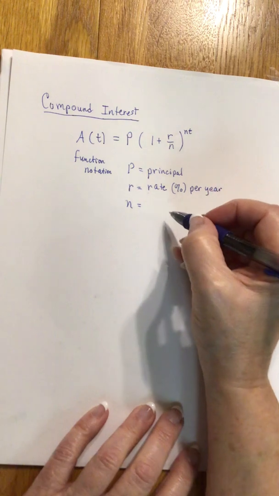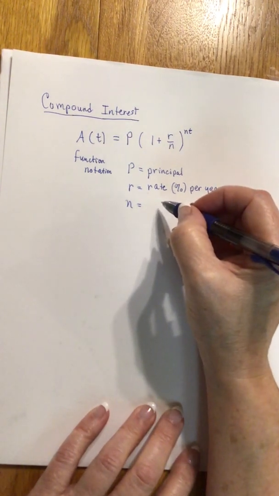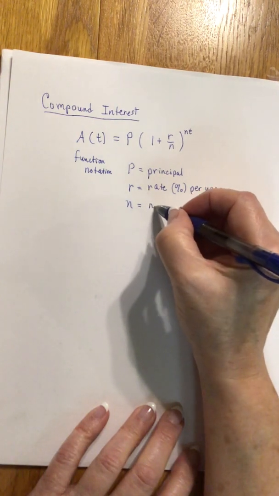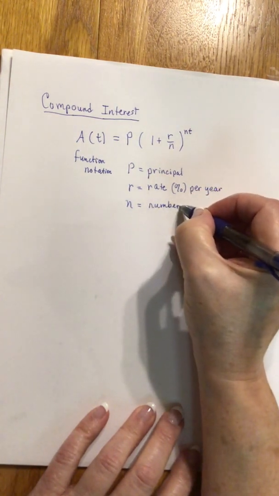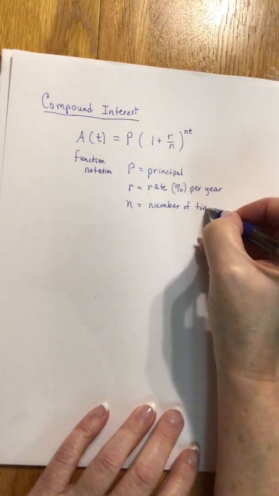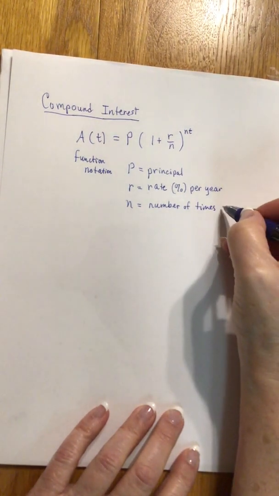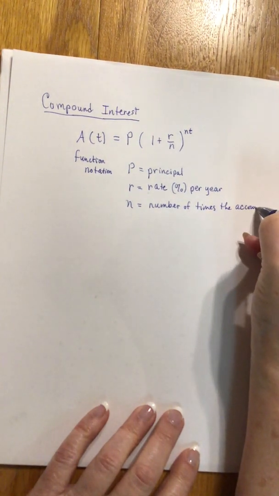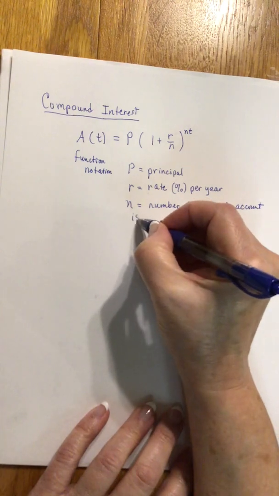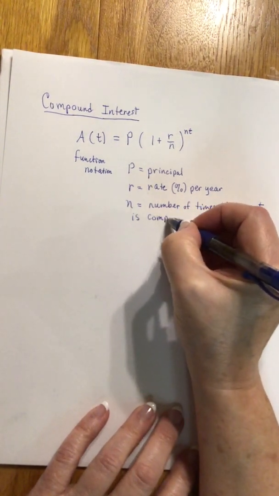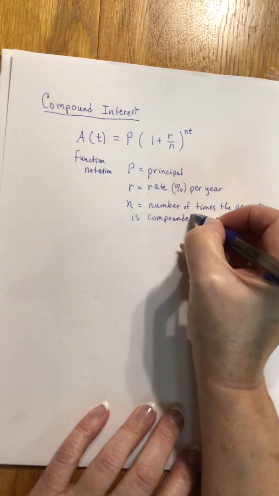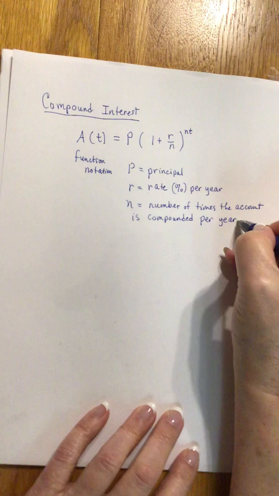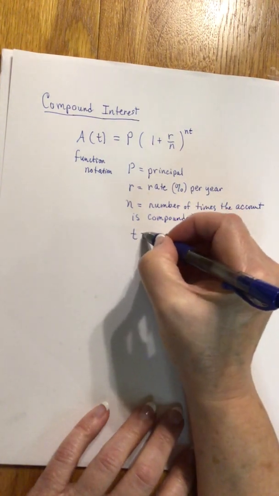The n is the number of times that they give you interest in your account, so the number of times the account is compounded per year. And then t is going to be the number of years.